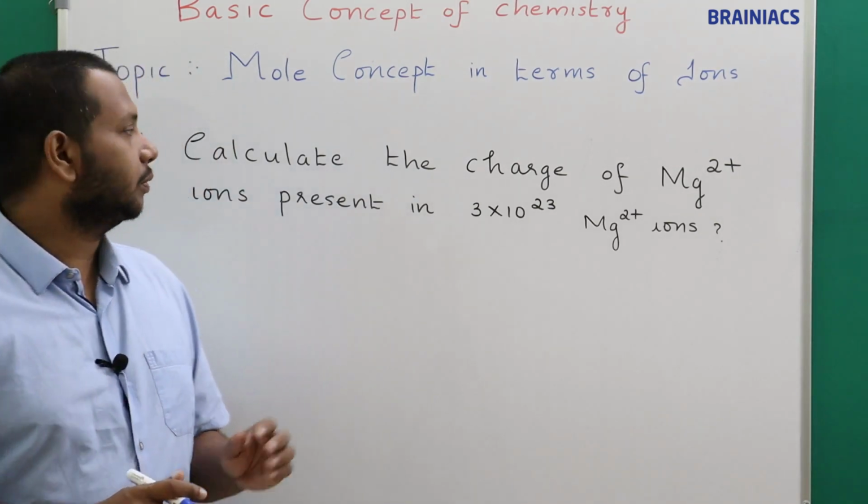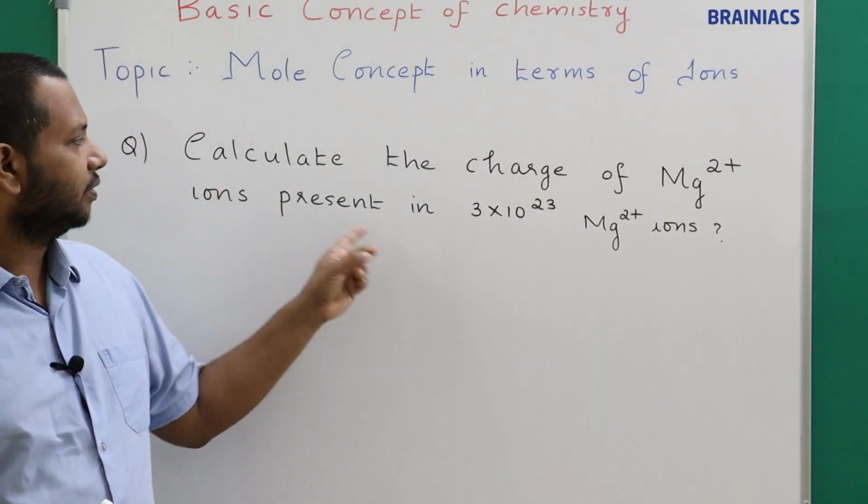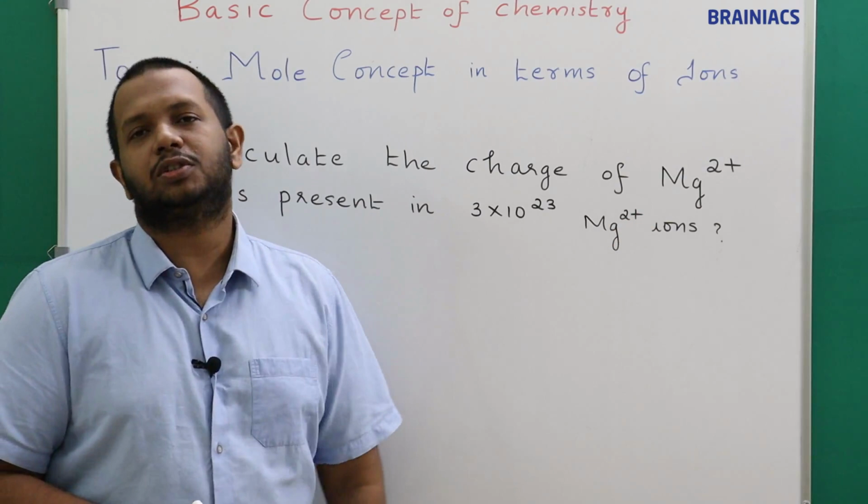Okay, I hope you could read the question now also. Calculate the charge of Mg2+ ions present in 3 into 10 power 23 Mg2+ ions.